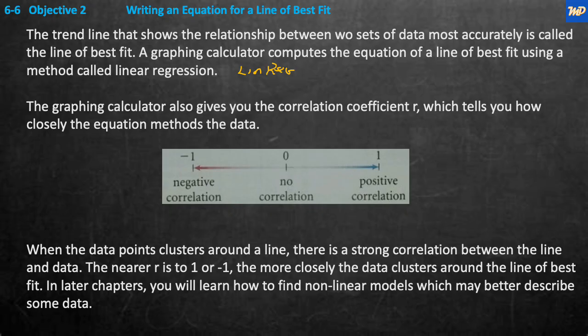So the important thing here then is we see this little chart here. It says 0 right here in the middle. At this point, there is no correlation. Okay, so if you have a plot of data, let me draw a little graph here. And we have some data points.